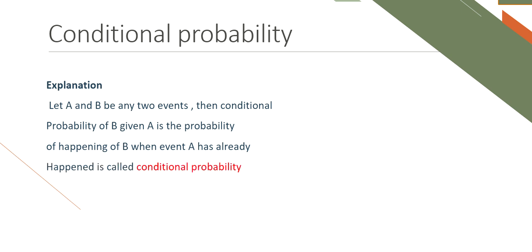That we call conditional. In simple words, I can say that B knows about A. That is the meaning of conditional probability: B already knows what is going to happen with A.